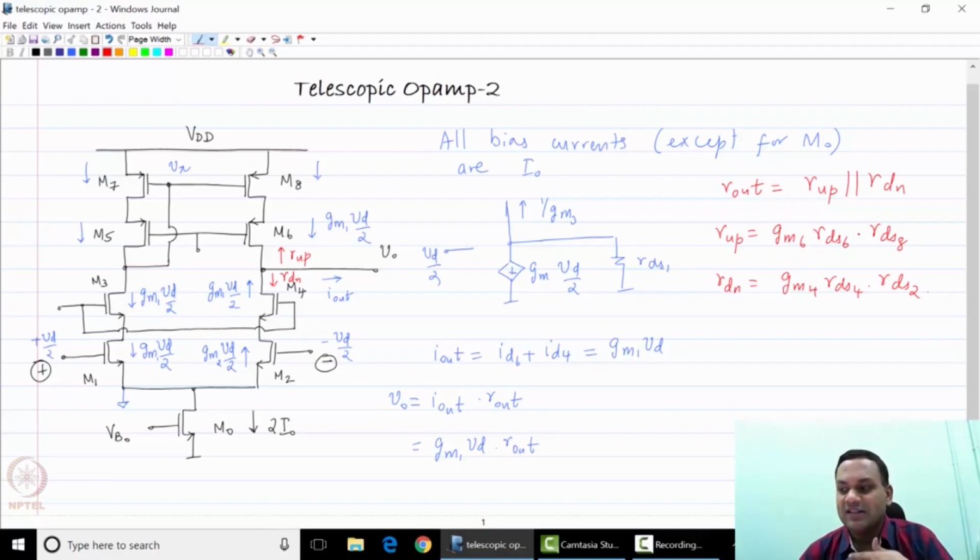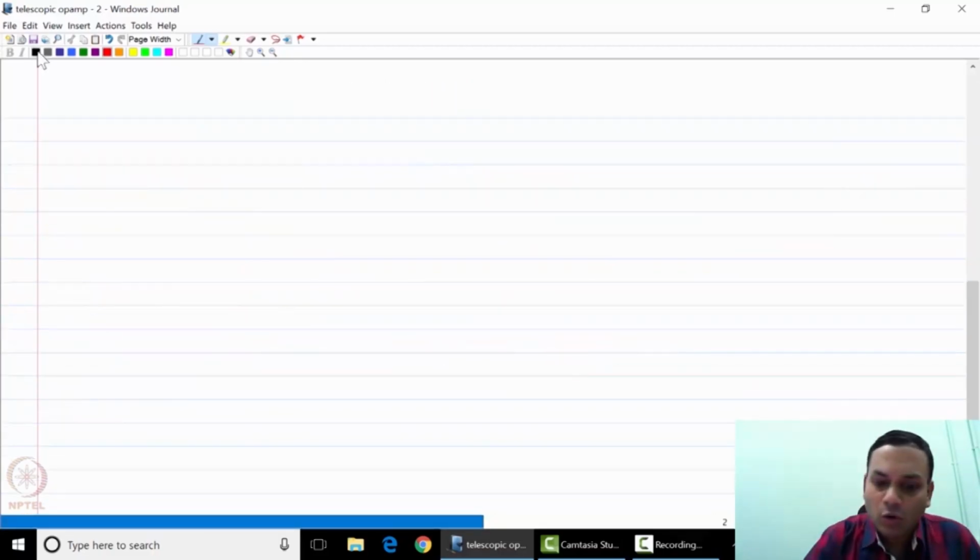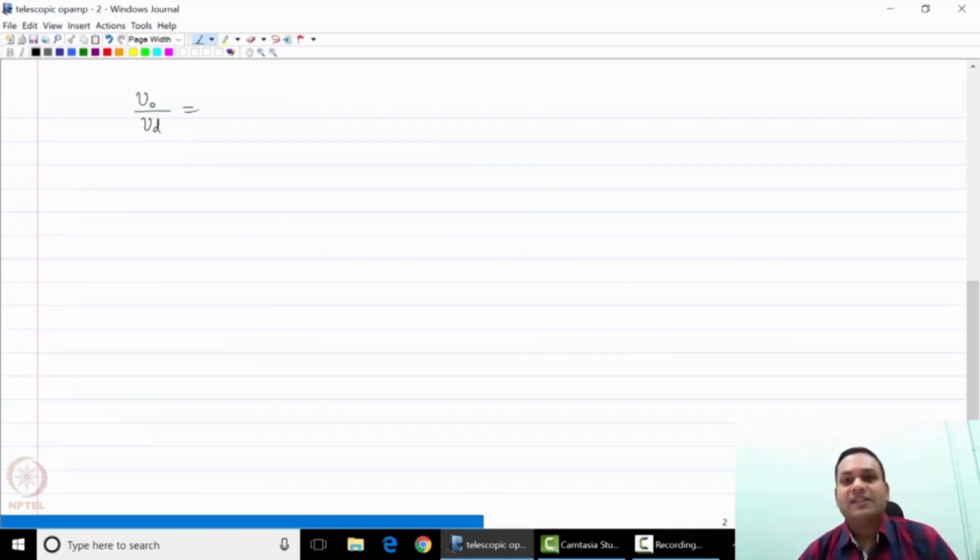One cascode resistance looking upwards is the output resistance of the current mirror M5, M6, M7, M8, and you have the resistance looking downwards, which is the cascode resistance of M2 and M4. Therefore, the overall voltage gain is extremely large. So VO by VD is the overall voltage gain of the circuit.